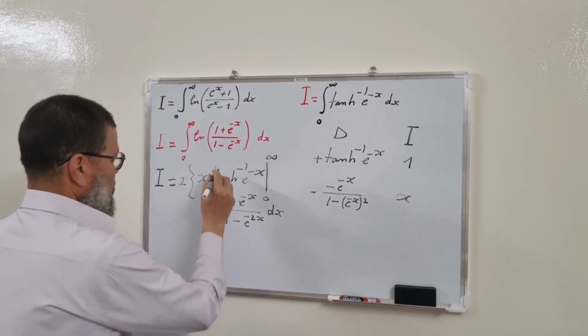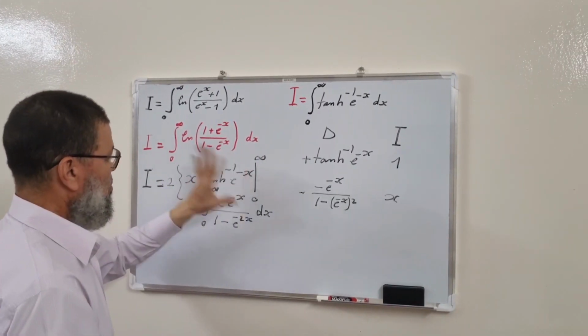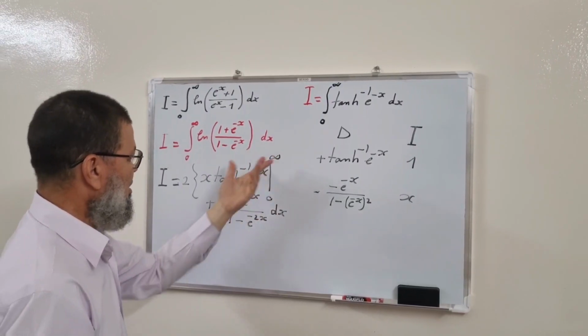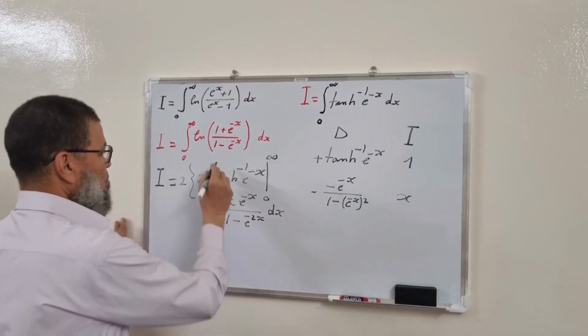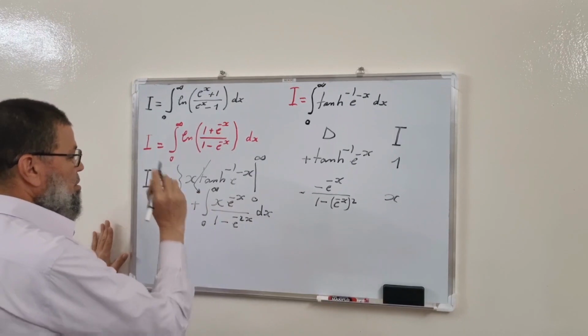This first term will be 0. At x equal 0, it will be 0. At x equal infinity, this will be 0. So this term is eliminated.